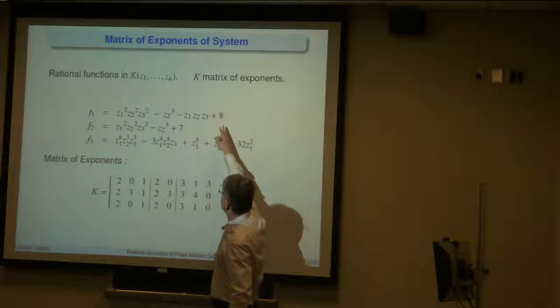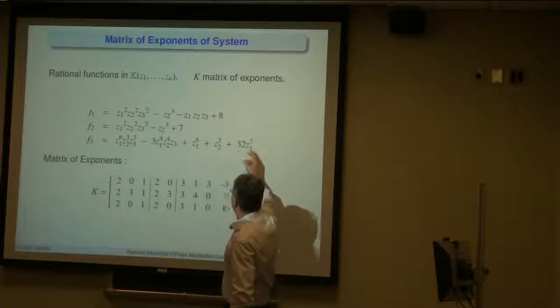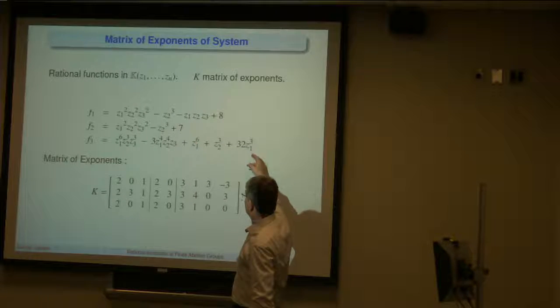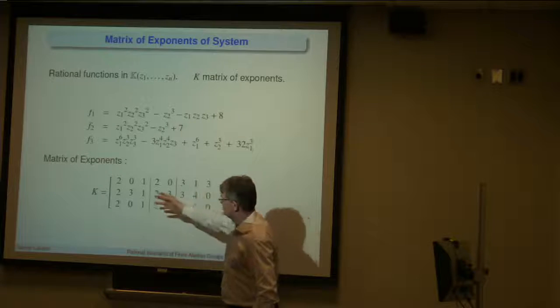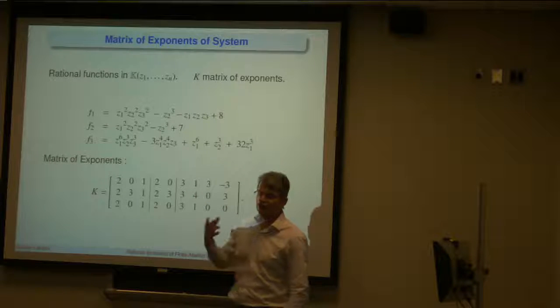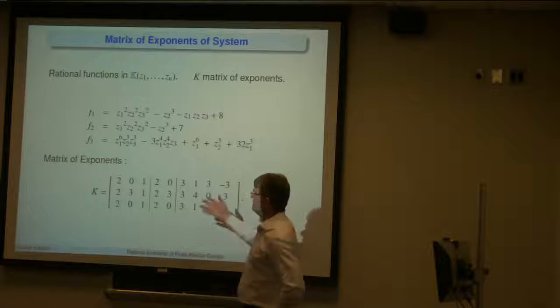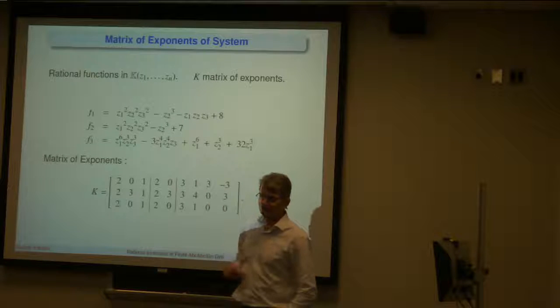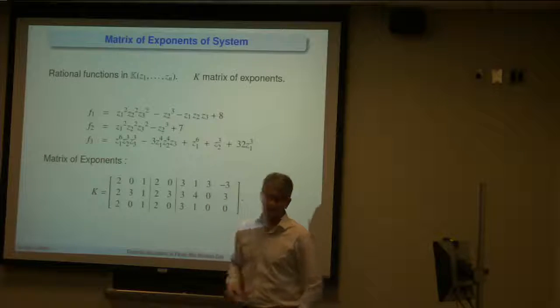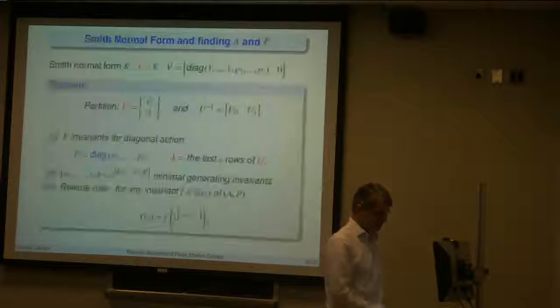In this case, these exponents are all 0, 0, and here's 3, 0, 0. Putting them into a matrix of exponents and trying to find what the matrix is the kernel of. So now you're going to reverse the process. But that turns out to be no problem.